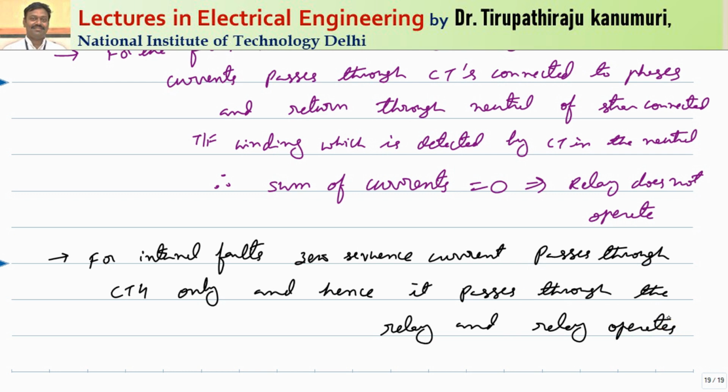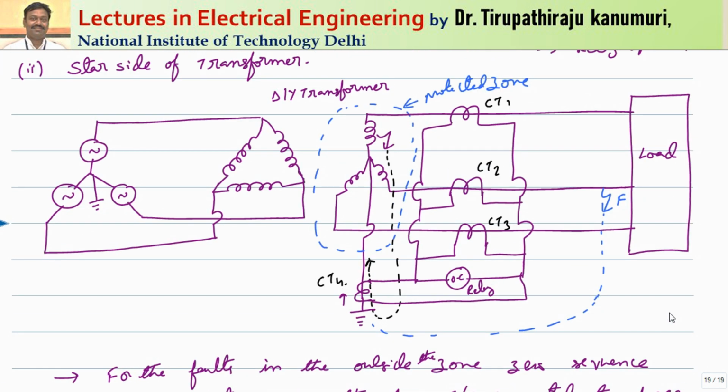The advantage of this one is we can make the relay as sensitive as possible, like we can keep the setting even 10%, because it will only respond to the faults that are happening in the zone. It doesn't respond to any other type of faults that are happening outside and not involving the ground. Only the faults that are involving the ground will be protected. So that is the reason it is called a restricted earth fault relay.